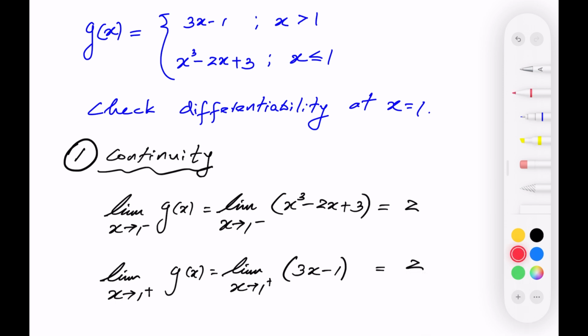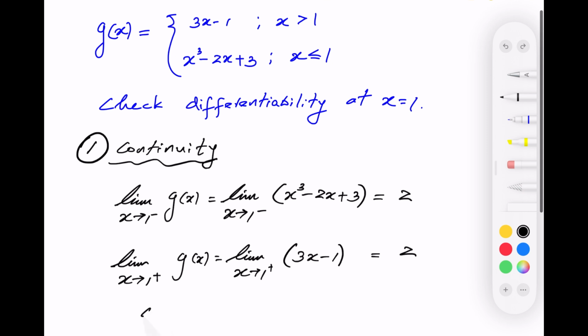So as per these two results, we can see that the limit exists as x approaches 1. But that's not enough. We also have to check the value of the function at x equals 1. So let's do that, which is g of 1. The equality is defined with this component of the function, x cubed minus 2x plus 3.